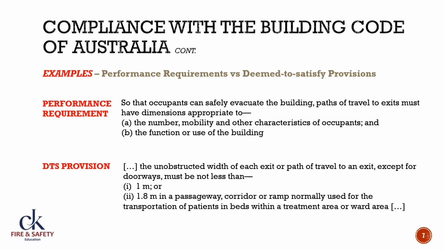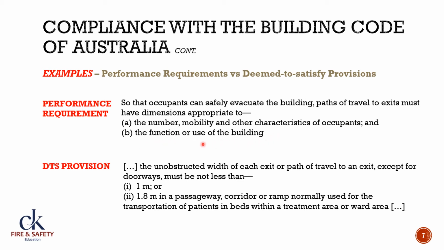In this slide, you can see an example that demonstrates the difference between a performance requirement and a deemed to satisfy provision. This, for example, is a performance requirement that deals with path of travel to exits, and it states, so that occupants can safely evacuate the building, path of travel to exits must have dimensions appropriate to the number, mobility and other characteristics of occupants and the function and use of the building.